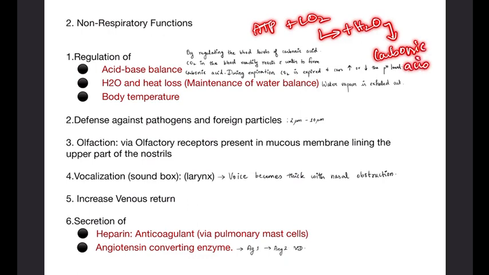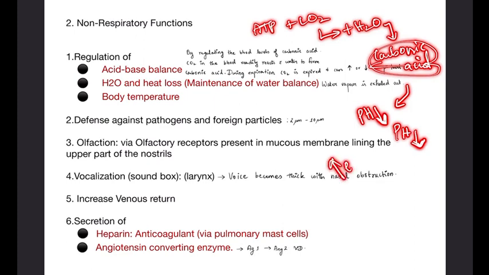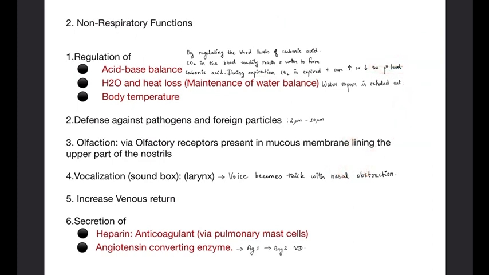This carbonic acid decreases the pH level, and if there is so much carbonic acid and the pH is very low, this is not good for the blood, right? So in order to maintain it, during expiration carbon dioxide is expired out, thus maintaining the acid-base balance.